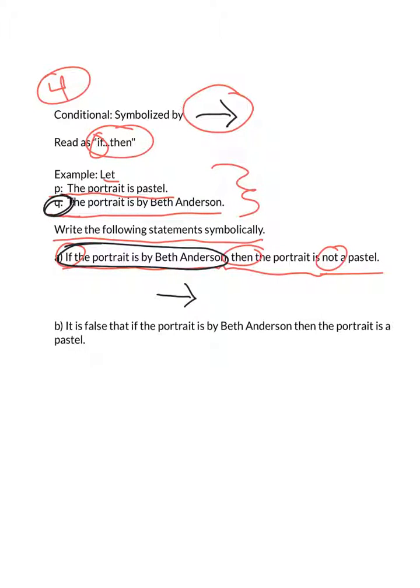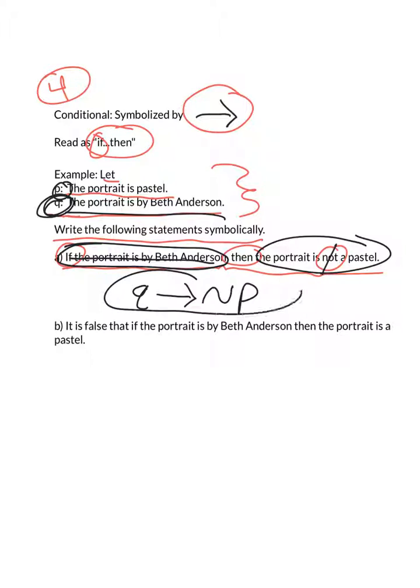They're starting you off with Q, because Q represents the Beth Anderson part. So Q goes on the if side, the left-hand side of my if-then arrow. On the then side, the portrait is not a pastel, so I need to negate. So that's that tilde squiggle. Pastel was the letter P. I'd read this out loud: if Q, then not P.